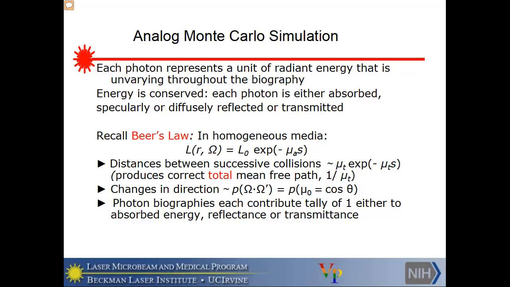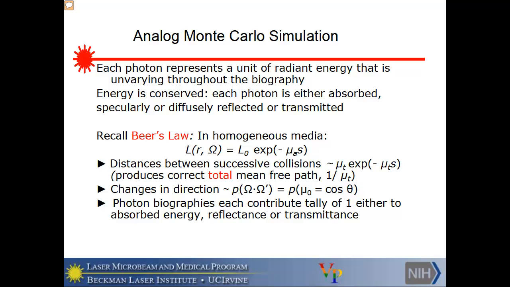Now, okay, what do we mean by analog Monte Carlo simulation? Well, in analog simulation, which is also what I described earlier as conventional Monte Carlo, each photon launched from the source represents a unit of radiant energy, and that unit doesn't vary throughout the life of the biography.